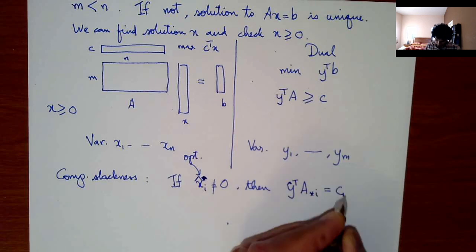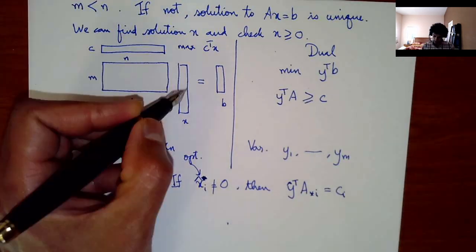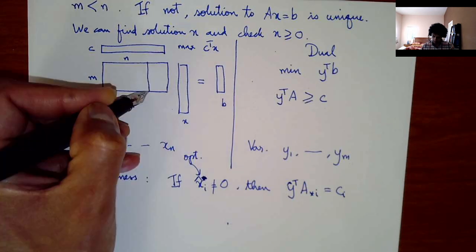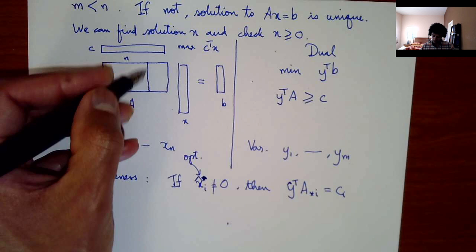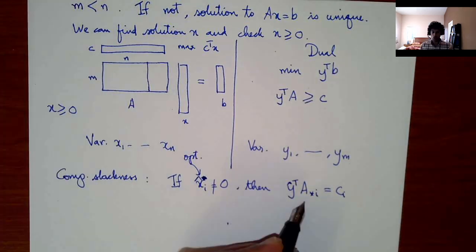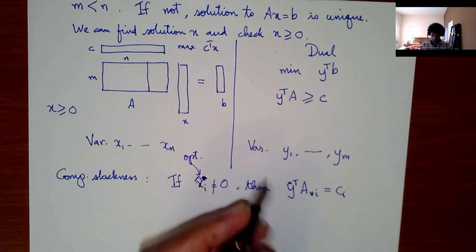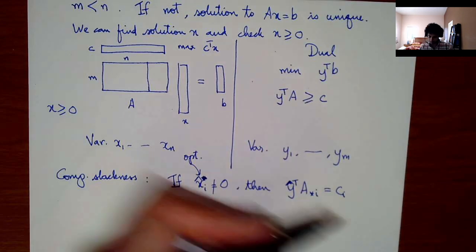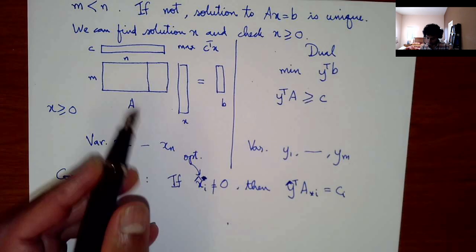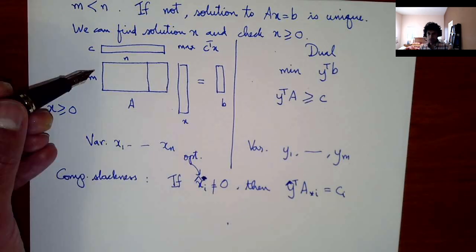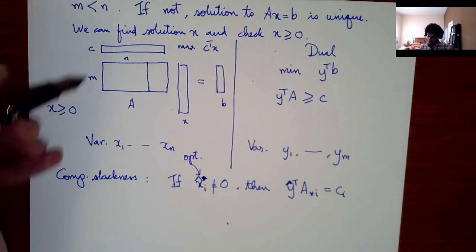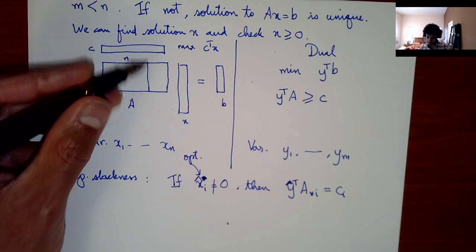So if a corresponding variable here is non-zero, then you're looking at that column, A star i is the column. Because another way to look at this is we have a dual variable for every row of the matrix and a constraint for every column of the matrix. Okay, so this is complementary slackness.